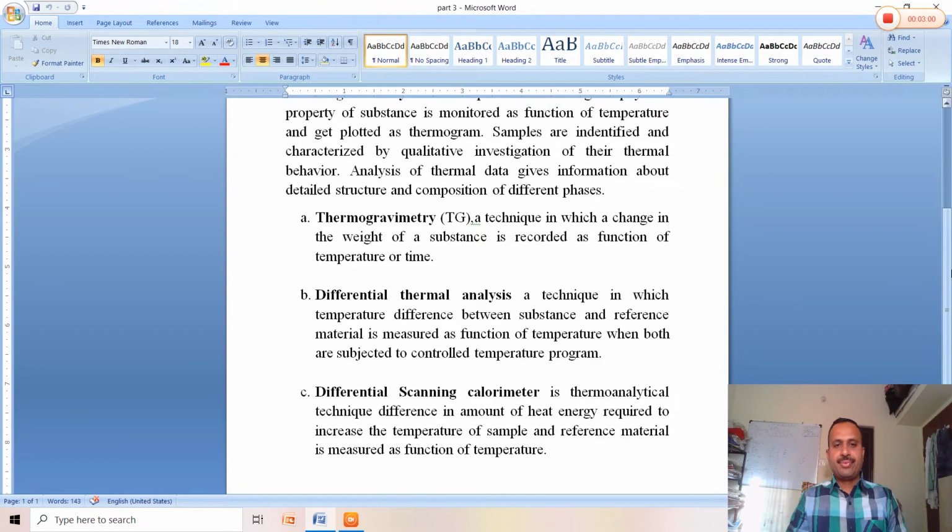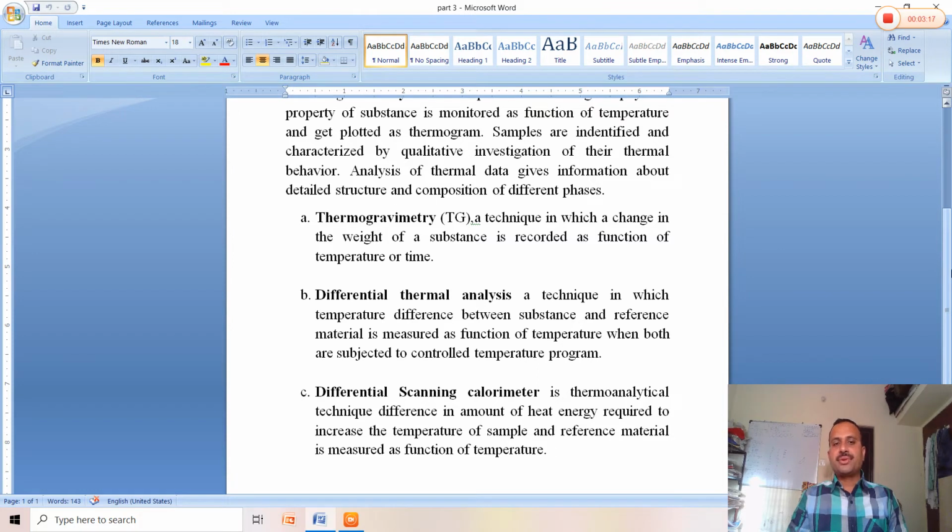mass or weight. The second definition is differential thermal analysis, that is DTA, a technique in which the temperature difference between the substance and a reference material is measured as a function of temperature when both are subjected to a controlled temperature program.